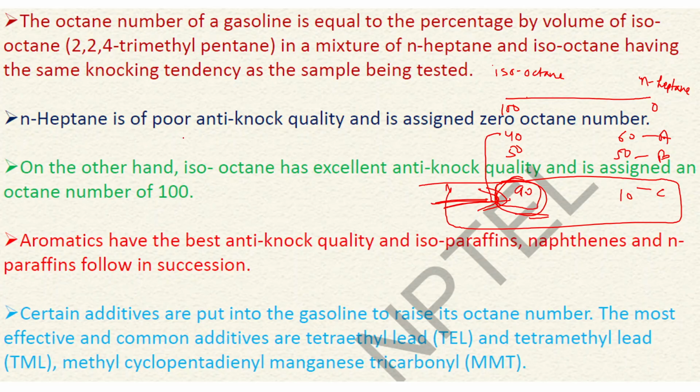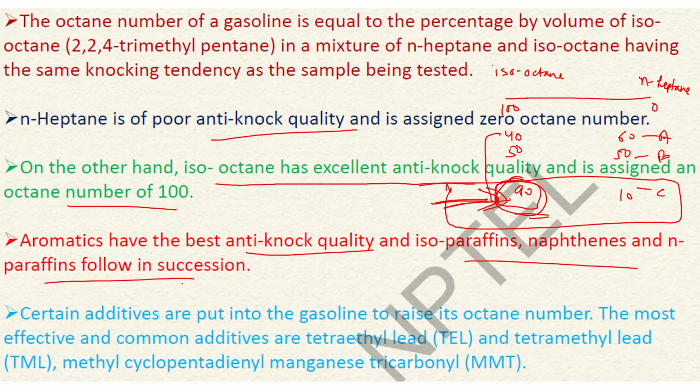Heptane is of poor anti-knock quality and is assigned octane number 0, whereas isooctane has excellent anti-knock property and is assigned octane number 100. Aromatics have the best anti-knock quality, and isoparaffins, naphthenes, and paraffins follow in succession.